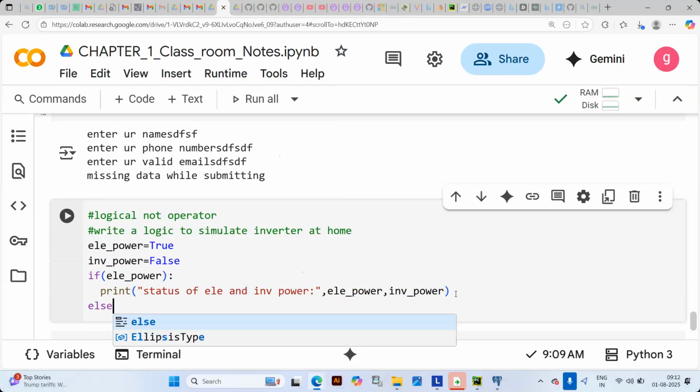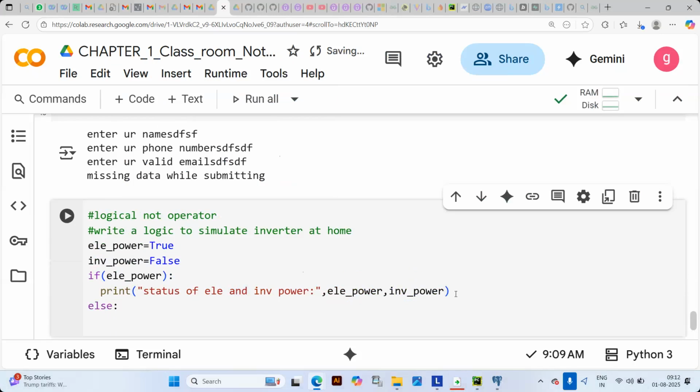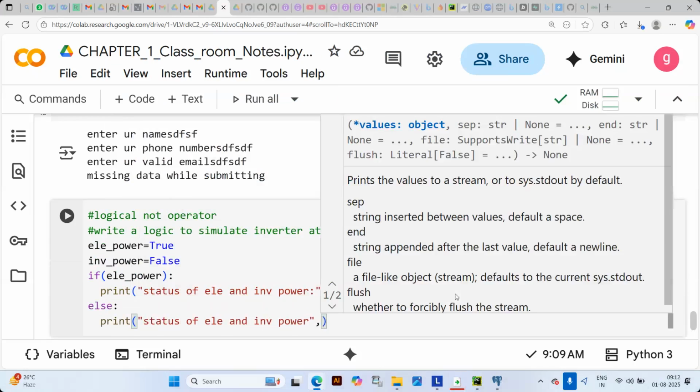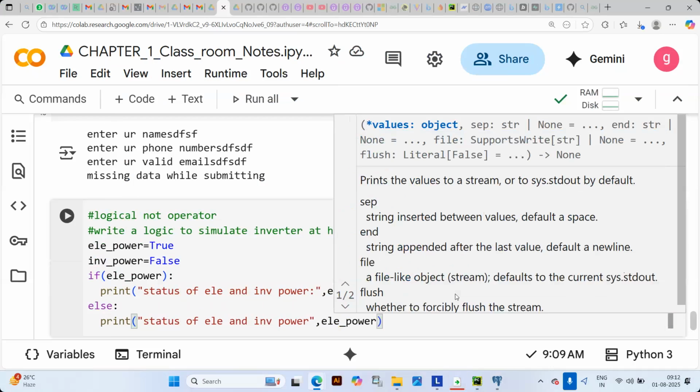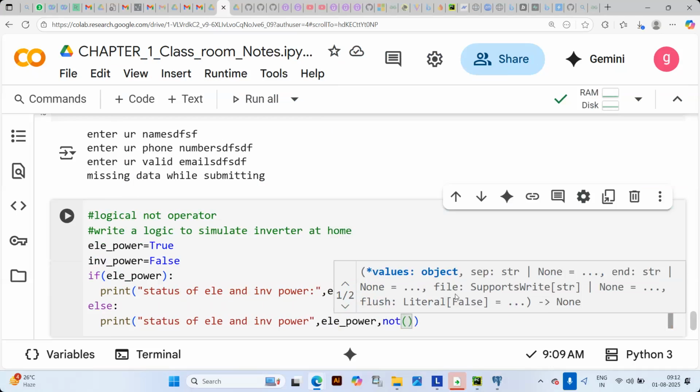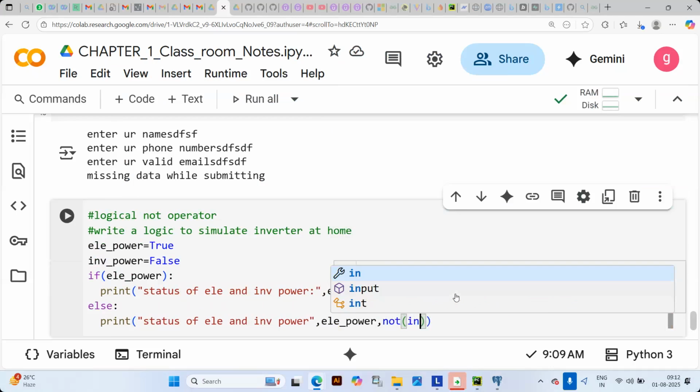Else, else, absolutely here, what I'll do, else print the status of electrical and inverter power, comma, electrical power, comma, not inverter power.